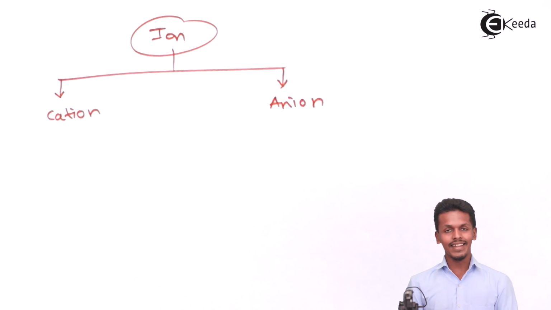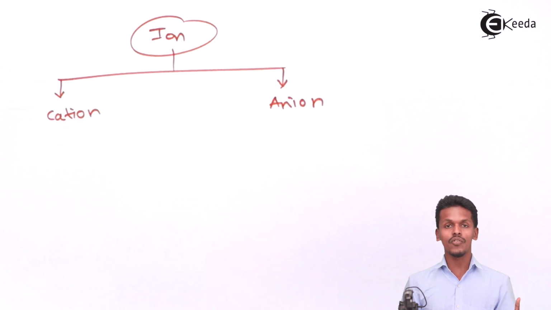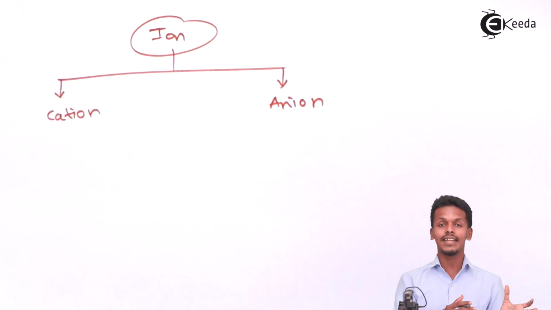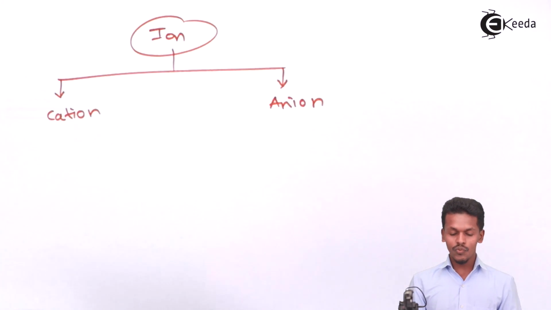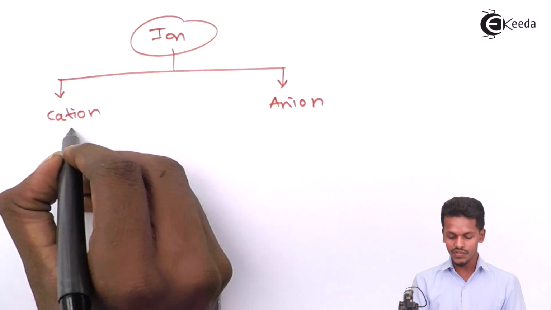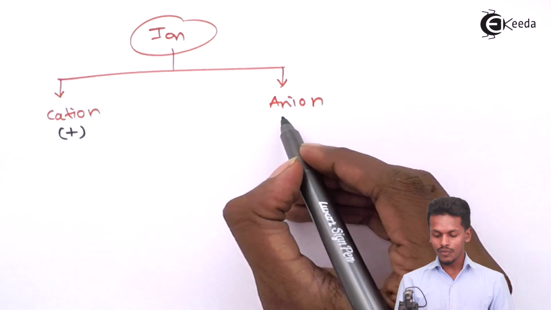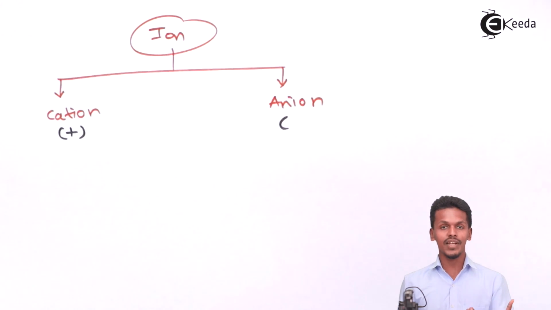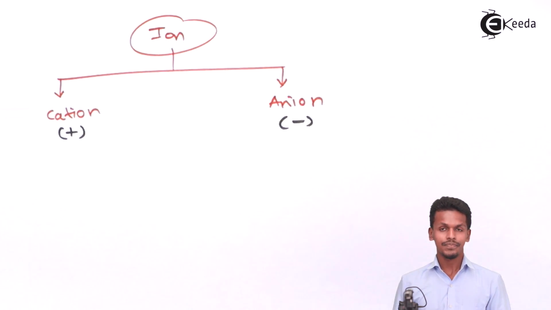A cation has a positive charge, or we could say it contains fewer electrons compared to its parent atom. Because of that, the number of positive charges increases, and therefore it has a positive charge. An anion, on the other hand, consists of extra electrons, and that's the reason it has a negative charge.